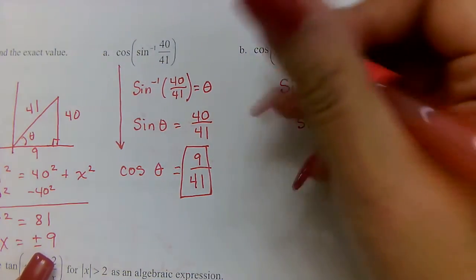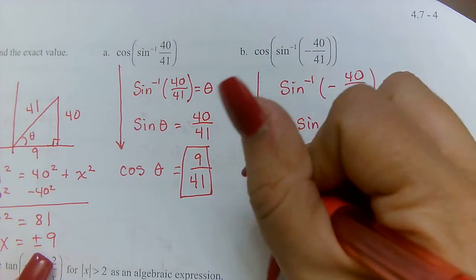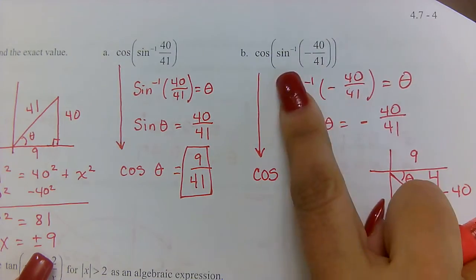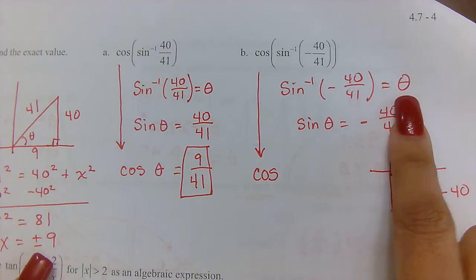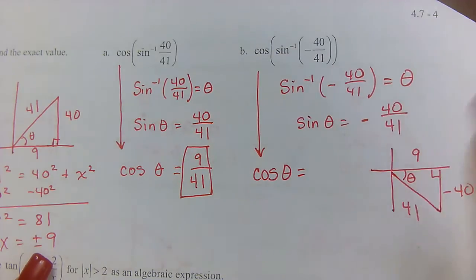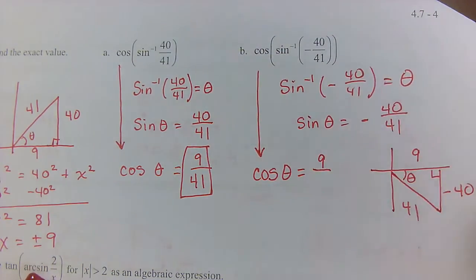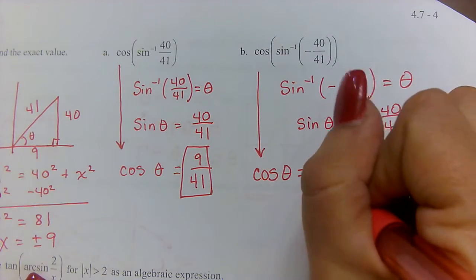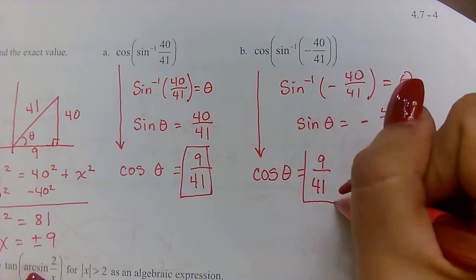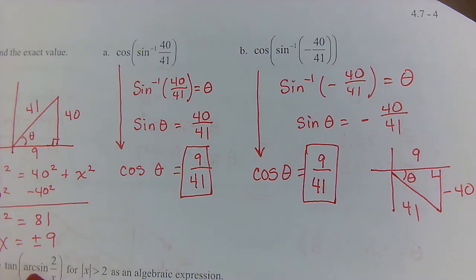Okay. Again, we're going to bring down this and we're going to say cosine. And instead of writing this, we're going to write what it's equal to, which is theta, is equal to adjacent, which is 9, over 41. Okay. So that's your answer for part B.